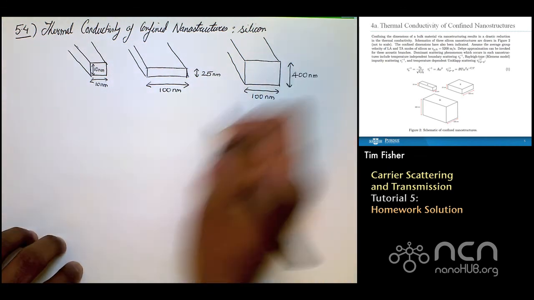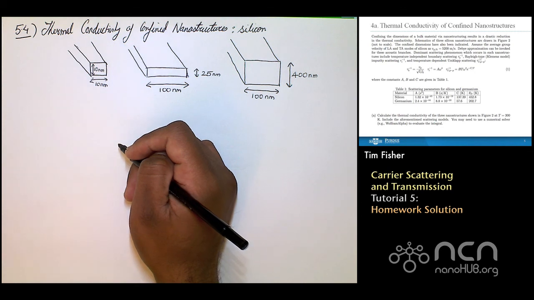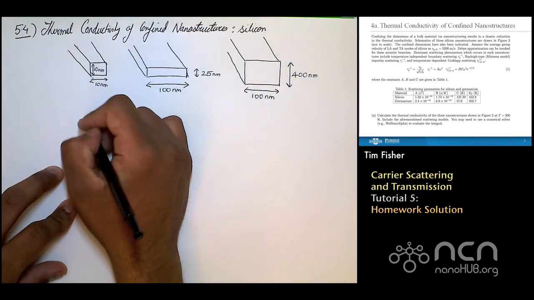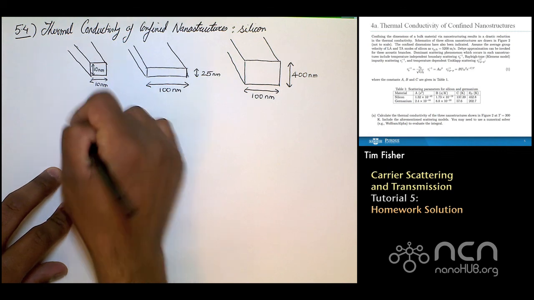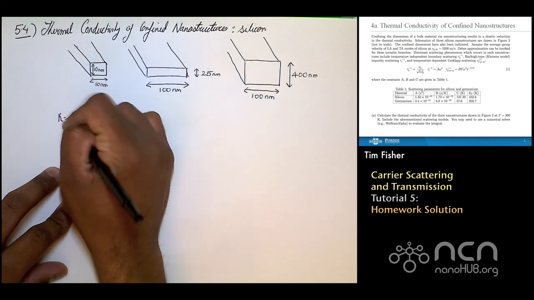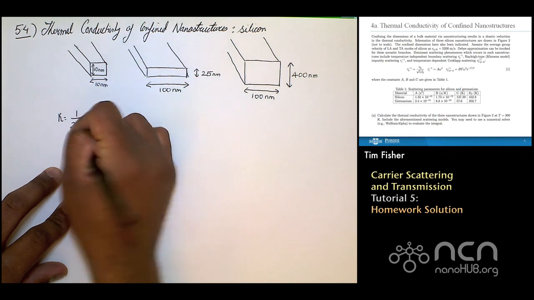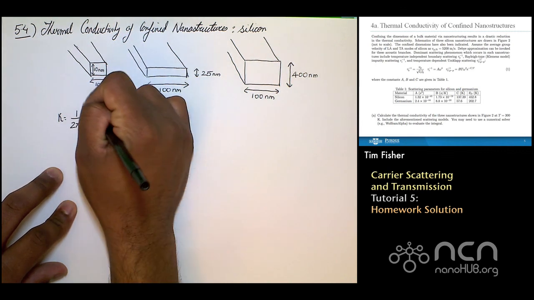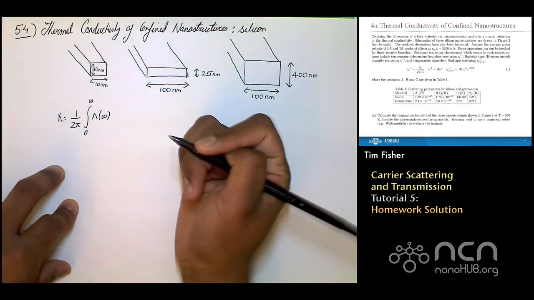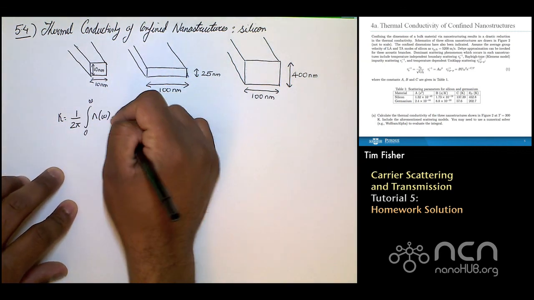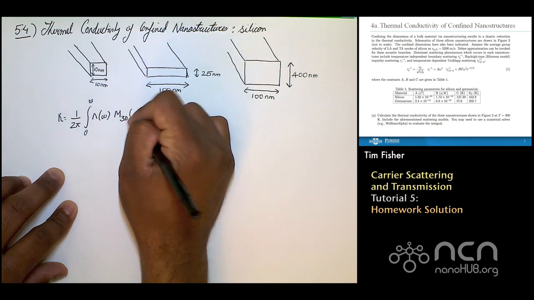Let me start off by writing the general expression for thermal conductivity, something which has been worked upon in the first and the second problem. So kappa is given as 1 upon 2 pi, integral 0 to infinity, lambda of omega, which is the frequency dependent mean free path, multiplied by the 3-dimensional number of modes.